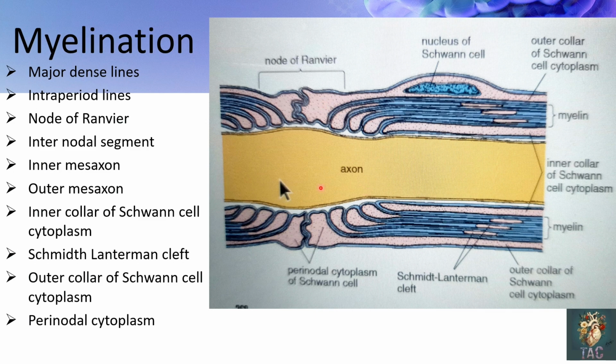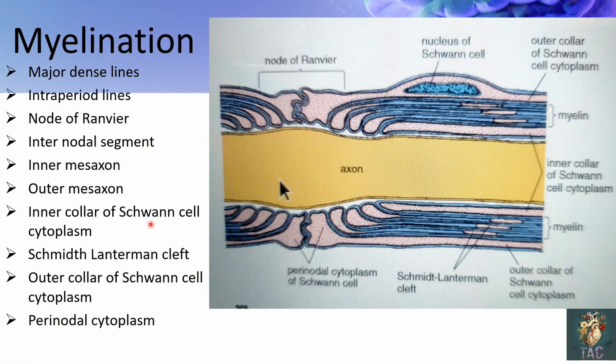Now remember, when the process of myelination takes place, the cytoplasm of the Schwann cell is extruded out during this process of the wrapping. Only a small part is present close to the axon, and this is called the inner collar of the Schwann cell cytoplasm.